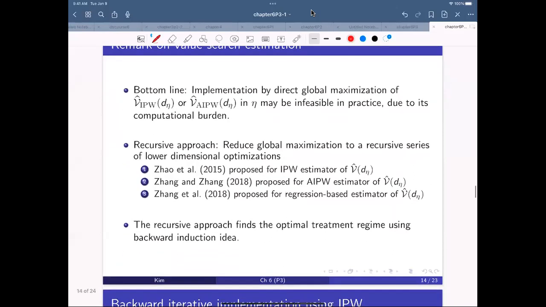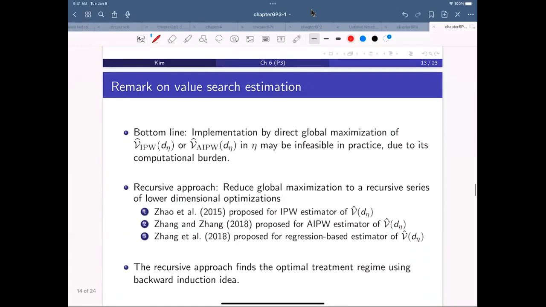So this recursive approach is actually simpler in terms of computation, because the previous two approaches use joint maximization. The recursive approach uses the backward induction idea.